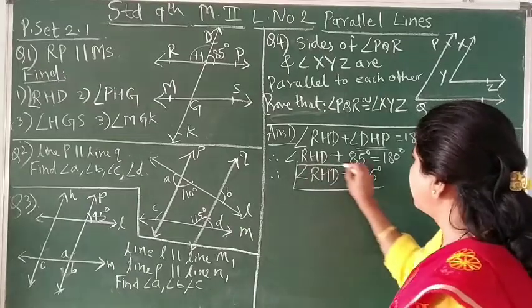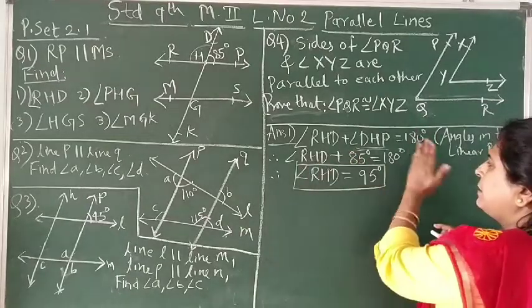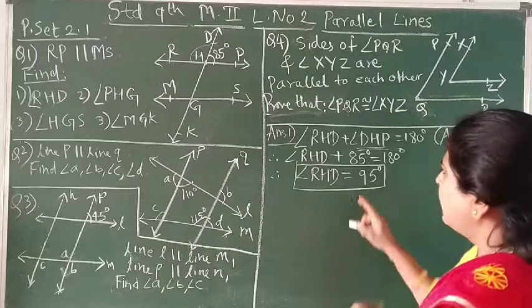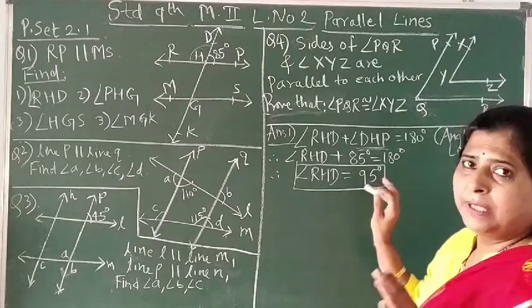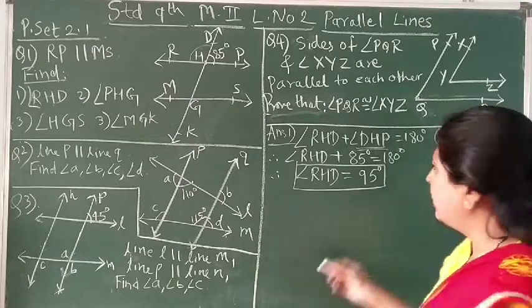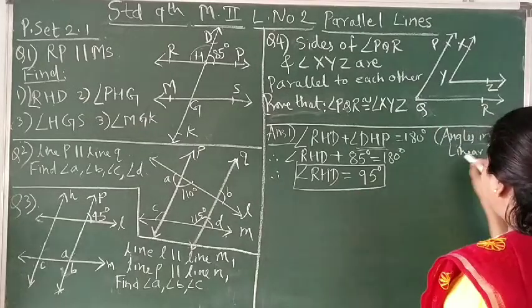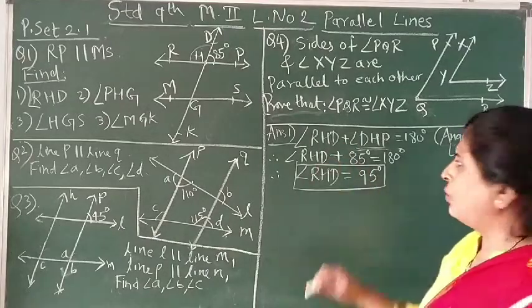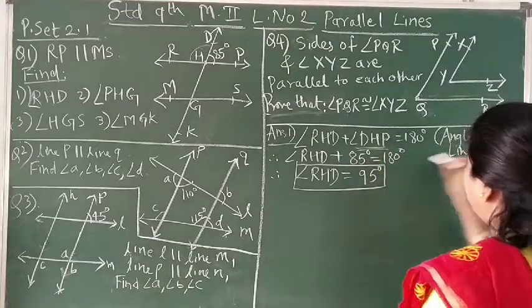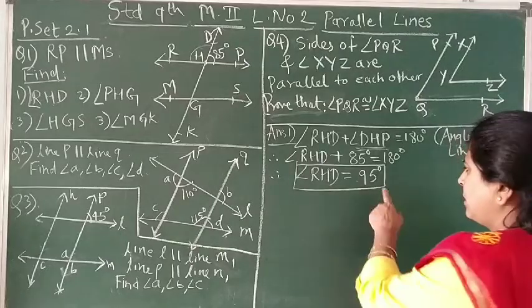So do the subtraction, 180 minus 85. This is the answer of question number 1. Here you will get the complete mark, whether it is half or 1, depending on this reasoning and this answer. Maybe this question can get 1 mark, half mark for this correct statement and half mark for the correct answer.